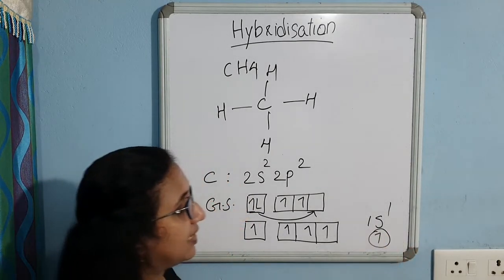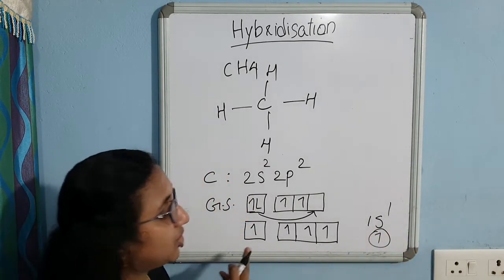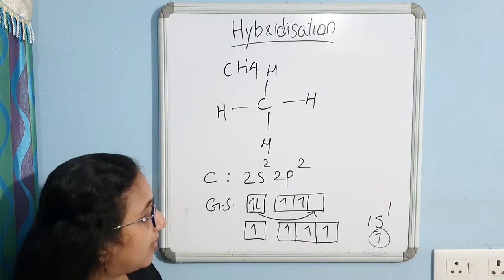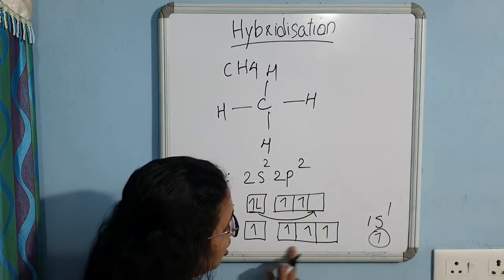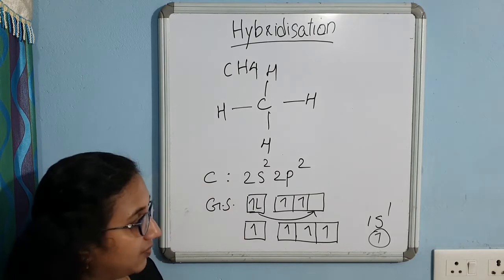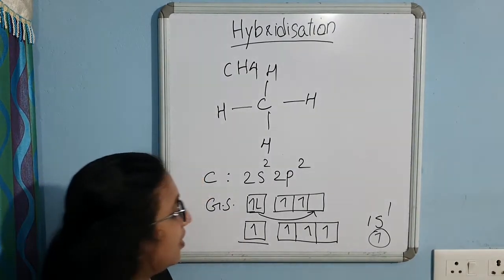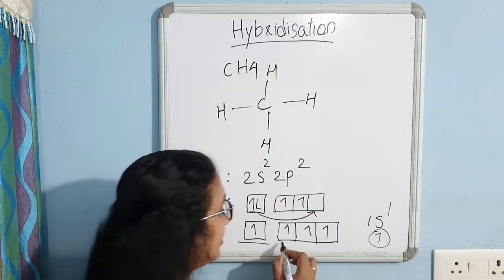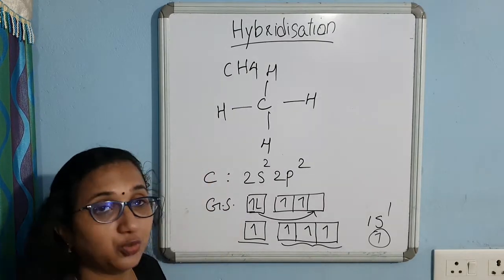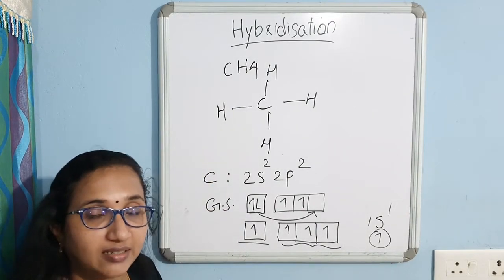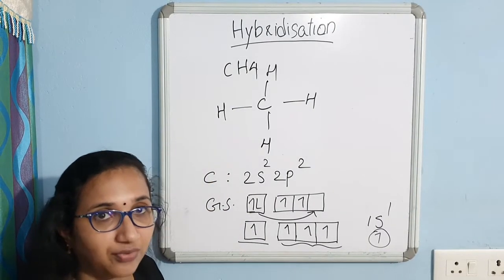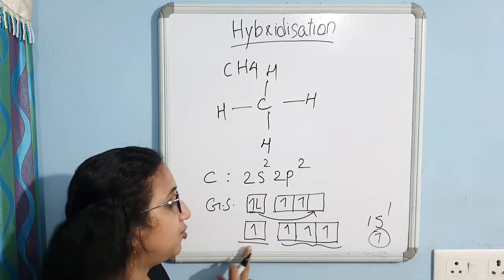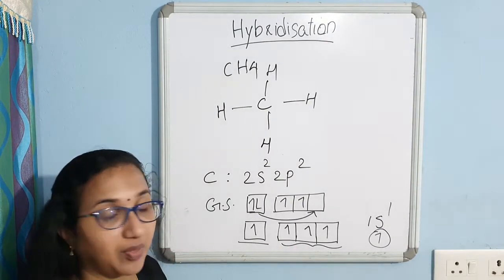So when this 1s electron approaches the central element carbon, the 4 atomic orbitals are of different types. That is, one is a 2s atomic orbital, the other 3 are 2p atomic orbitals. So their energy, shape, etc. are different. When we compare the 2s and 2p, their energy and shape are different.